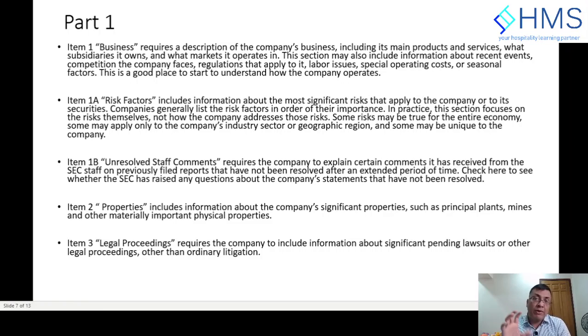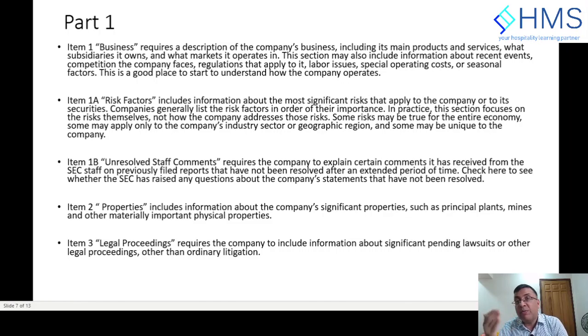So whenever you are going to analyze any company, you need to really read Part 1 of the 10-K report. If you are doing annual reports, usually you will not be able to find exactly the same information, because in annual reports, in other jurisdictions, the companies are not forced to disclose this kind of information.